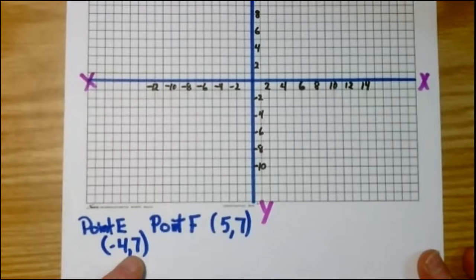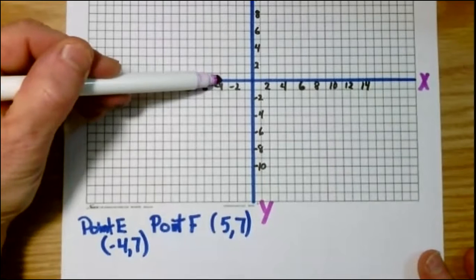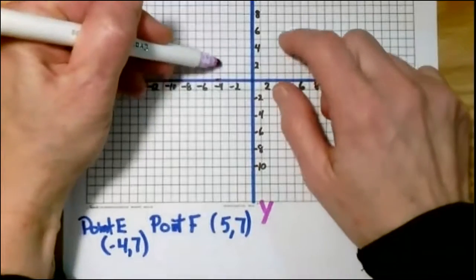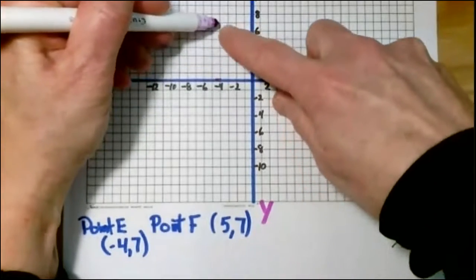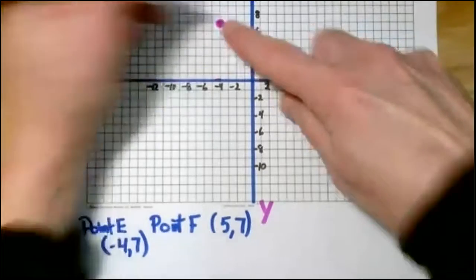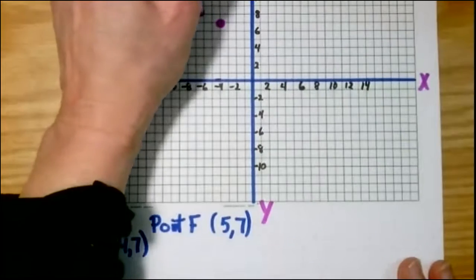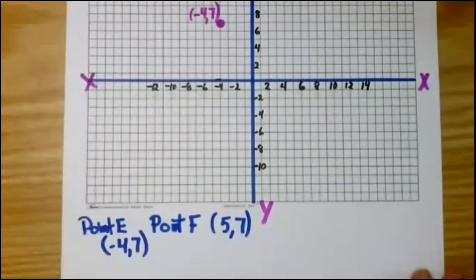The 7 is the Y coordinate. So -4 is here. 7 is going to be up between the 6 and the 8. So we have to go up to where the 7 and the -4 meet. So that point is -4, 7.